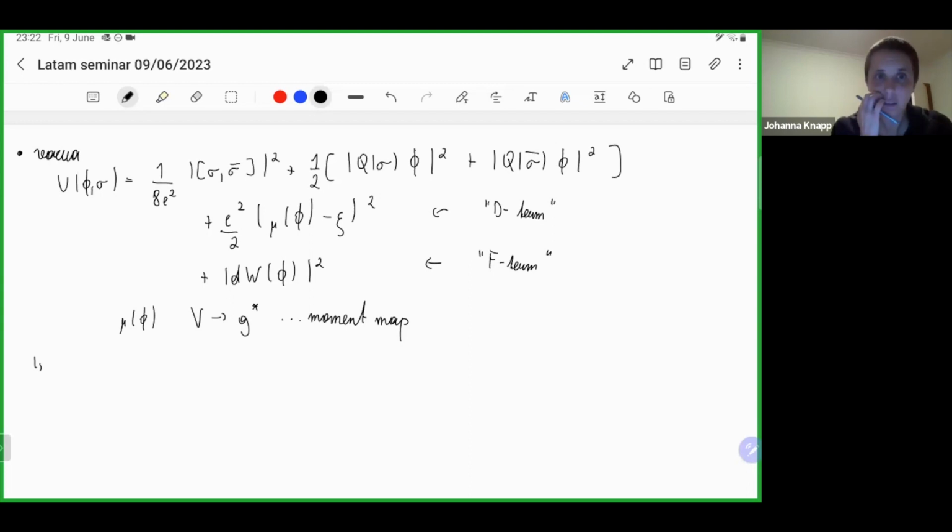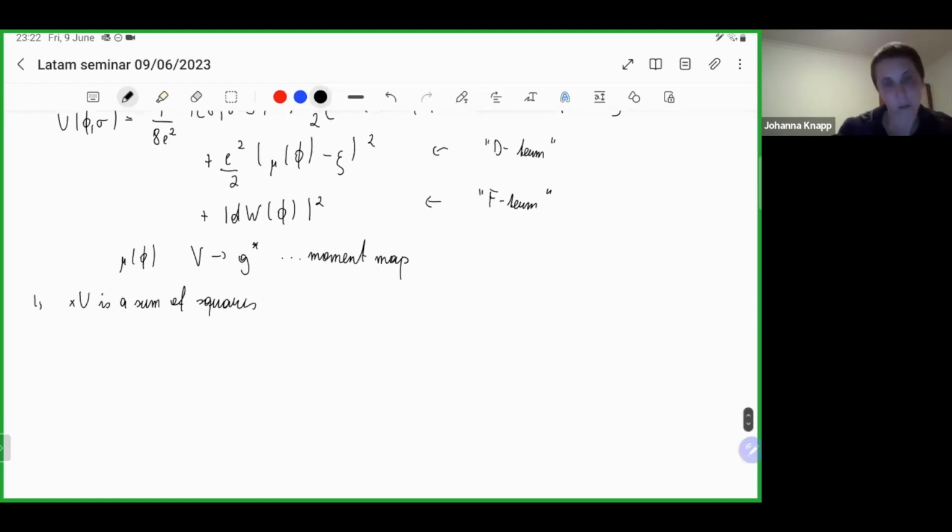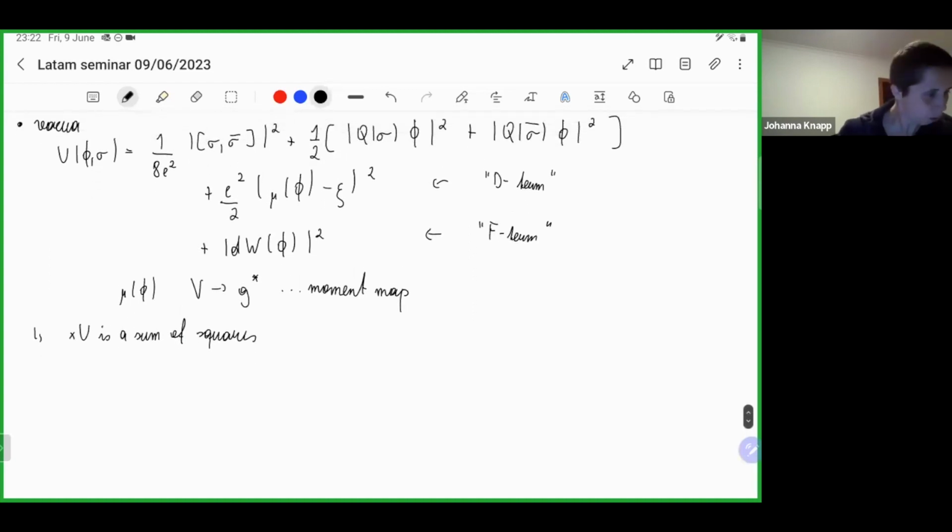And that's still difficult to find the solutions for in a general context where you have many phi's and many sigmas and many q's, but it's at least possible. So U is a sum of squares. It has to be bounded from below because of physics reasons.